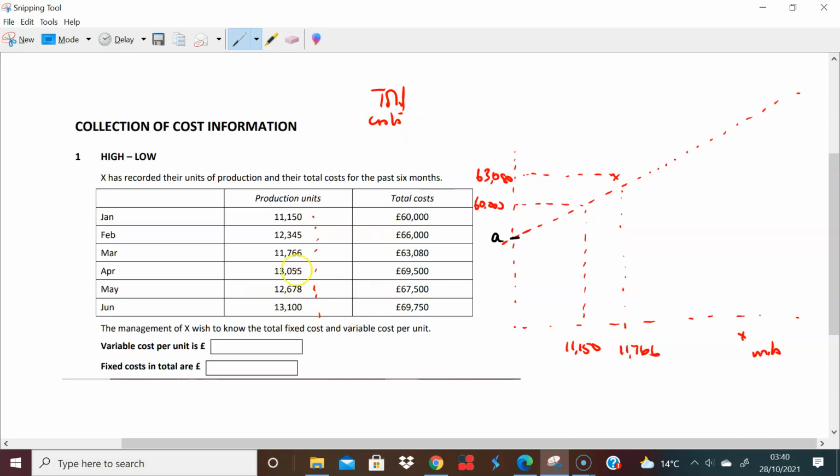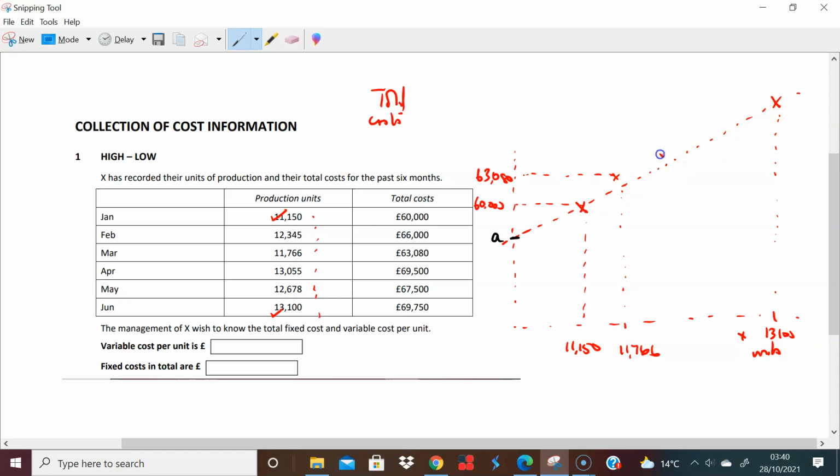But the point is that I'm really looking for the point of lowest activity, which was this one, and the point of highest activity, which is this one. So I'm going to go all the way here to 13,100 and make this assumption that I'm going to create a situation where I will connect both the lowest point and the highest point to give me a trend so that this equation can work.